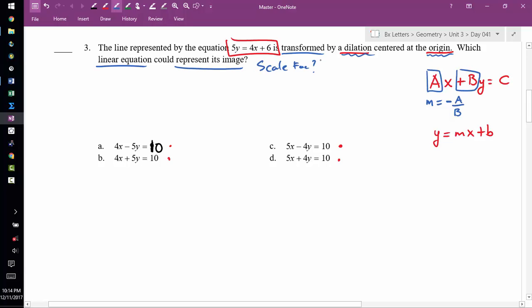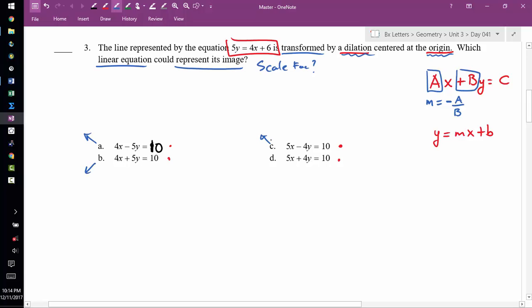And honestly, it doesn't really matter. The Regents made all the y-intercepts the same, and I made a little typo on mine, but on yours, it'll be fine. They had them all be the same number. What is different is going to be the slopes of these things.